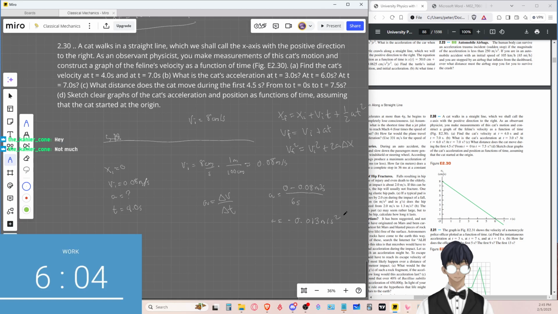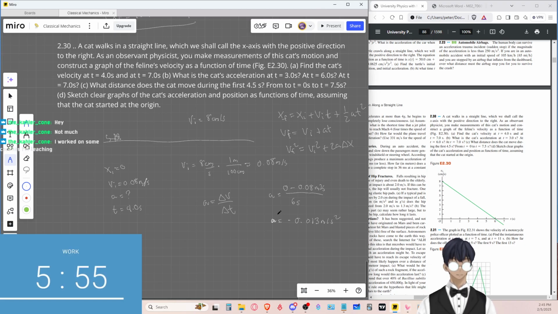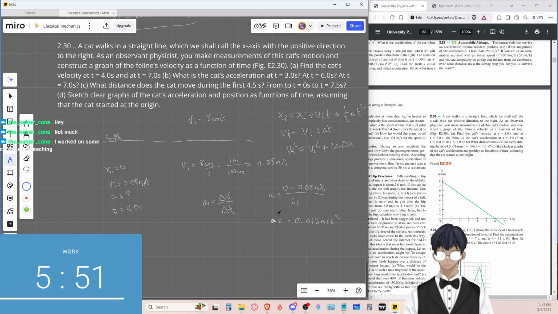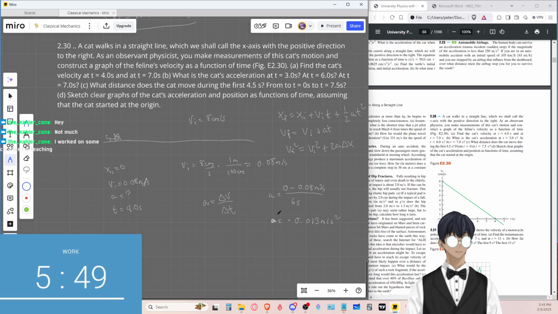Okay. So if the acceleration is constant, then that is probably what we should end up with for the acceleration anyway. Yeah, because the time is usually the thing that adds more.